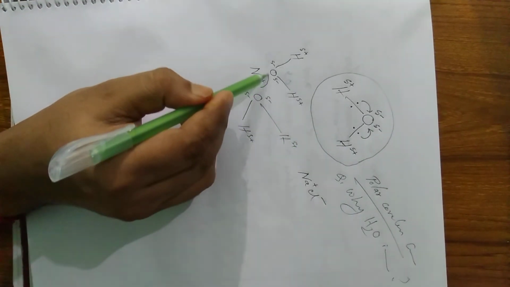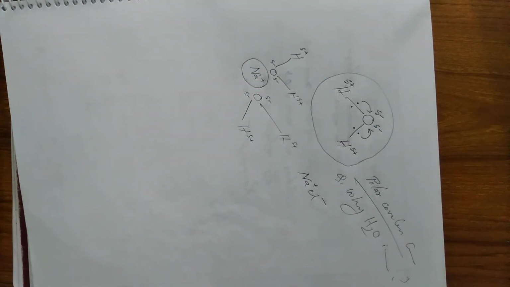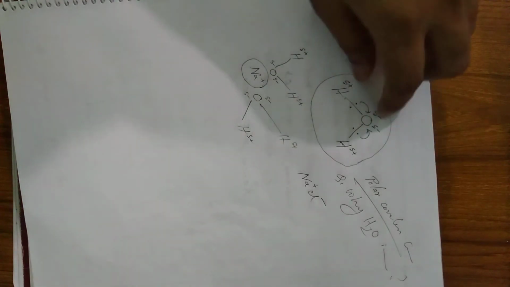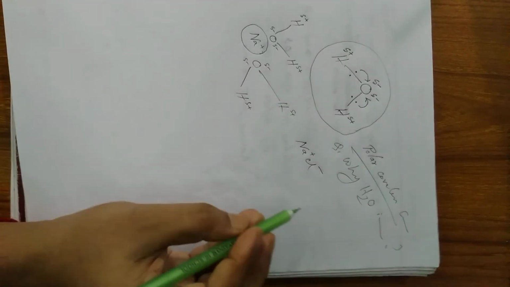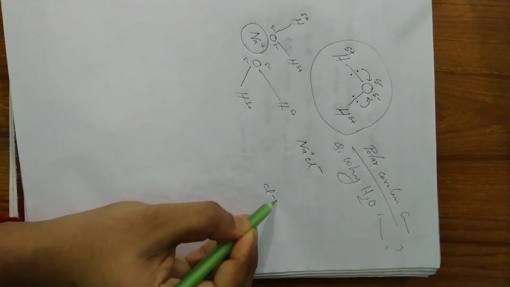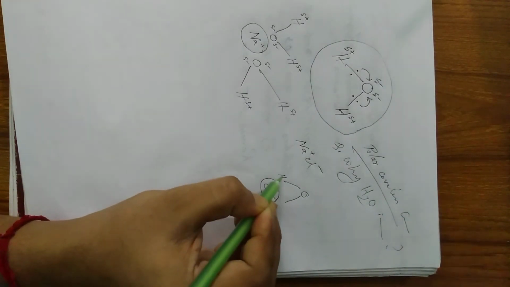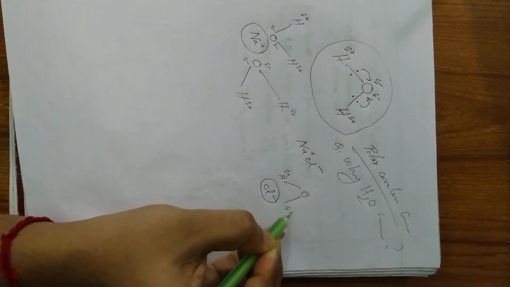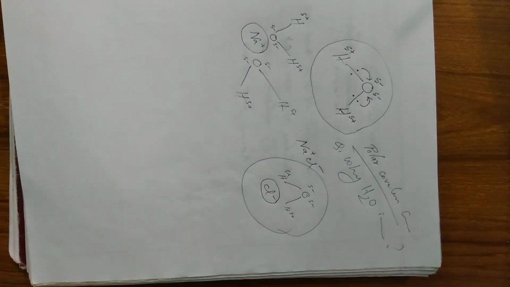Ultimately, the positive part of the ionic compound is attached with the negative part of H2O, and similarly the negative charge is attached with the positive charge. By this process, the ionic compound is dissolved in water.